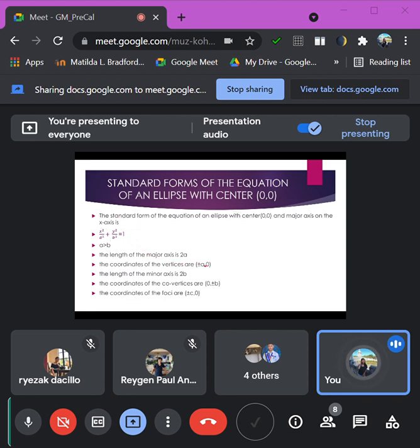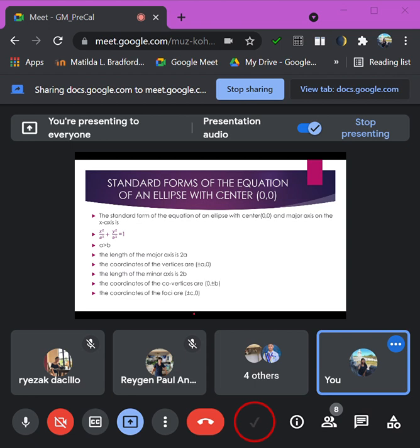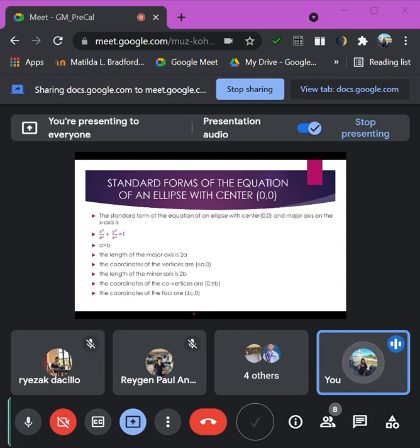And you have to take note of this one, where to use your A, where to use your B, and where to use your C. Okay. Now, do you have any questions? Go ahead, so that we can answer right away. So far, no questions?